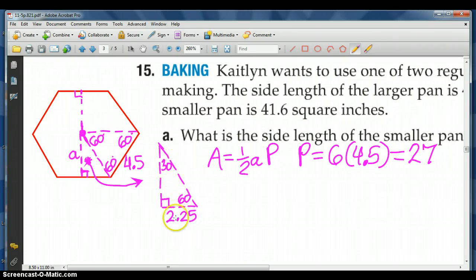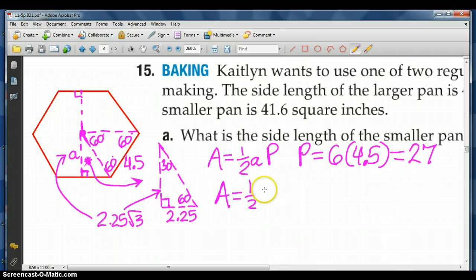And if that's my short side, then to find the long leg, I multiply that by the square root of 3. 2.25 times the square root of 3. And then that is my apothem. So my apothem is 2.25 times the square root of 3, and my perimeter is 27.